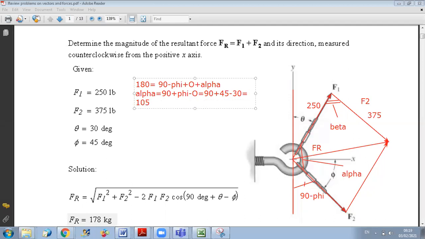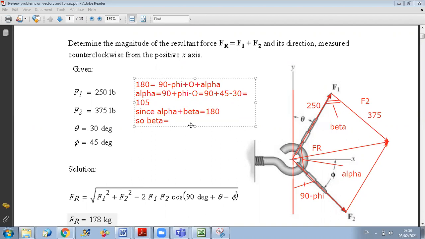Now since alpha plus beta equals 180, I deduce that beta is equal to 90 minus φ plus θ.